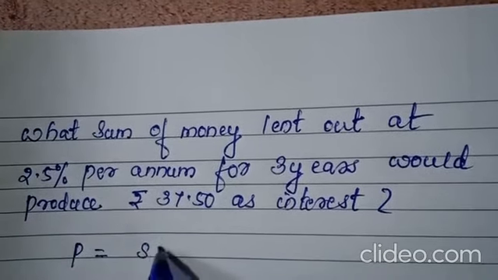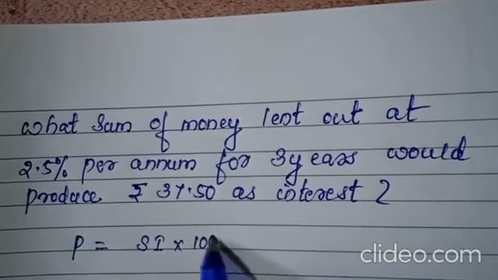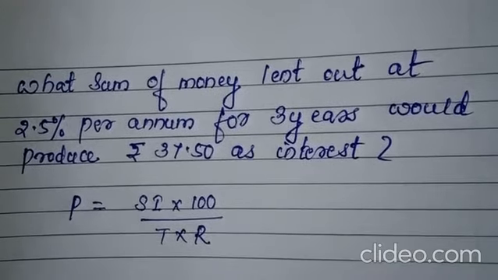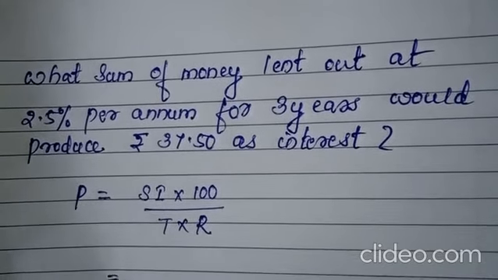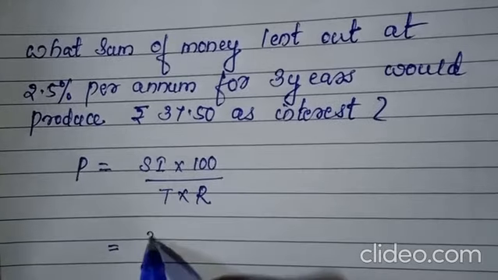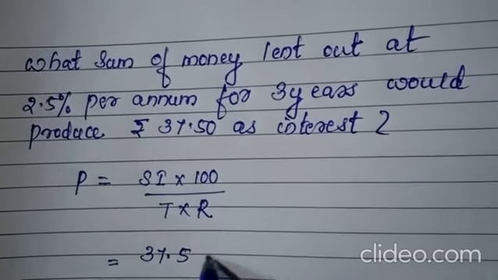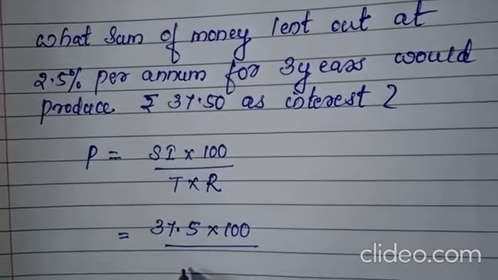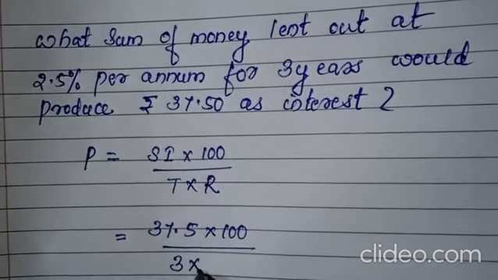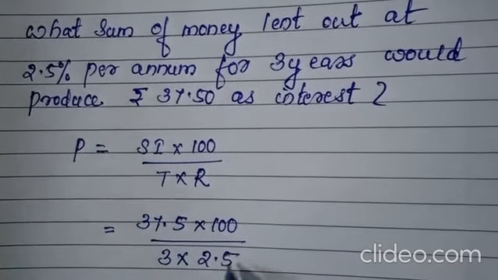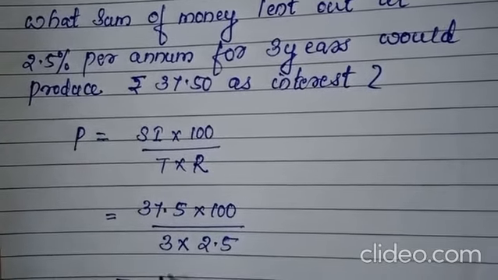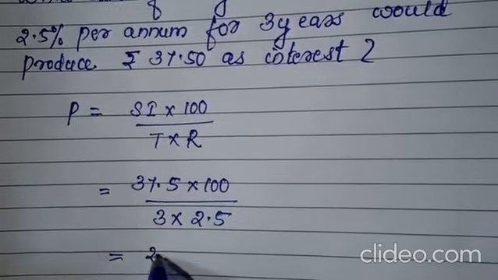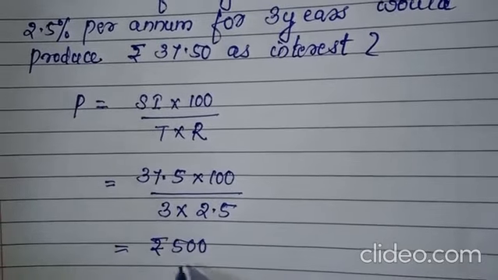P is equal to SI into 100 by T into R. Here, SI is 37.5 into 100 divided by T, which is 3 years, and the rate is 2.5%. We should cut it and write, and then finally we will get the answer rupees 500.